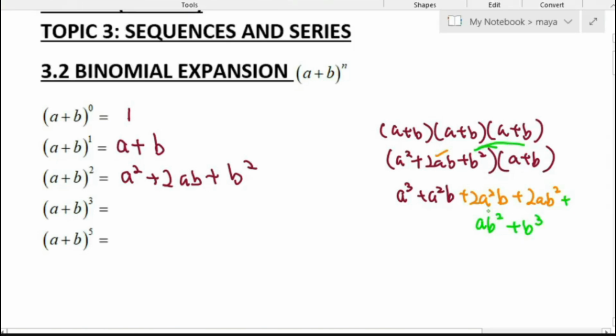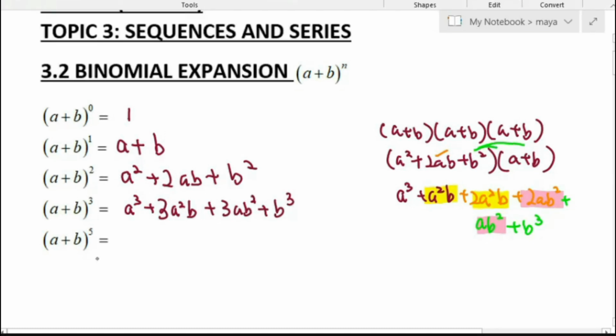And we notice that we can simplify a squared b, and another part will be 2ab squared, ab squared. So finally, our expansion will become a to the power of 3, then a squared b gets 3a squared b, and then for ab squared also 3, and lastly b cubed.